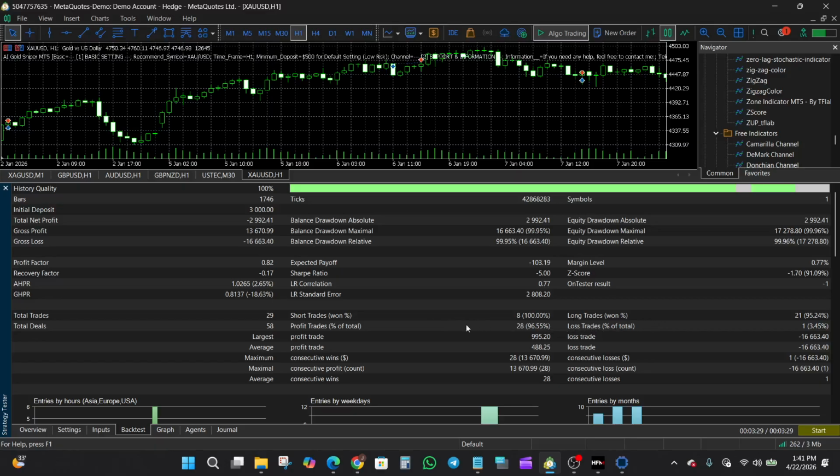Now, out of the few trades that were losing trades, you will see that the average loss was $16,663, while the average profit was just $488. So I think the problem with this system is the risk management. Very poor risk management, if I'm to say.